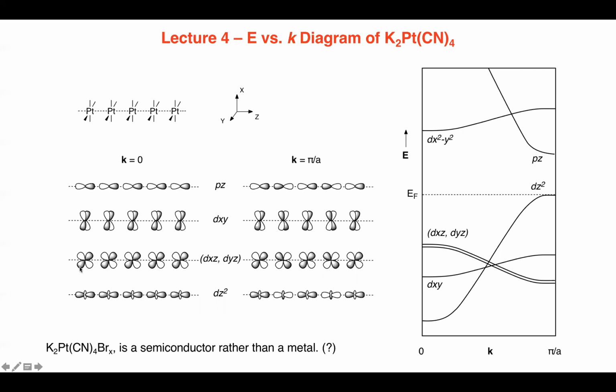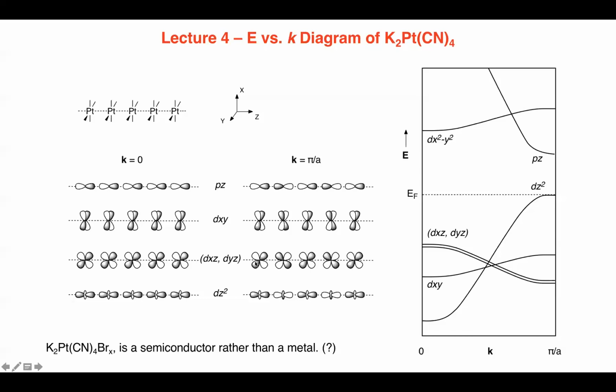So you can see that for k equals 0, the nodal structure is the same in each of the d orbitals as you go from 0 to 1 to 2 to 3 to 4. But if you look at the interactions between the d orbitals along this chain, you'll find this is an antibonding interaction. So for k equals 0, this pi symmetry orbital, the k equals 0 solution is all antibonding.